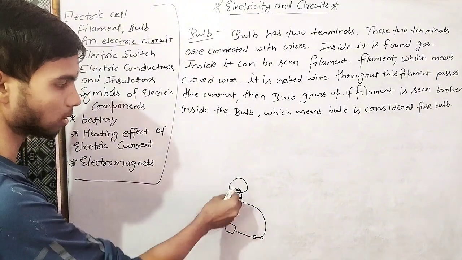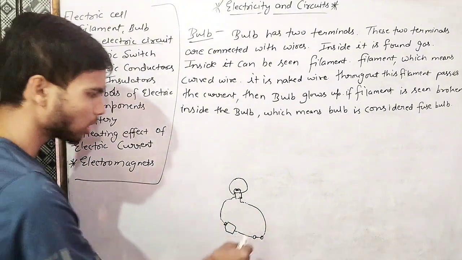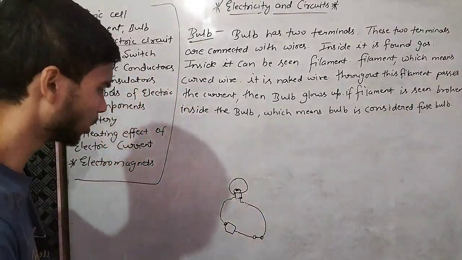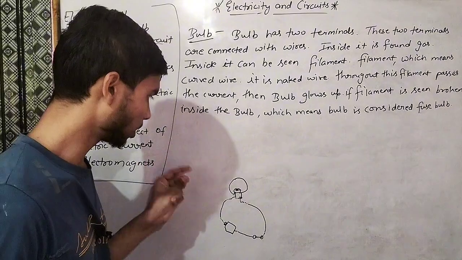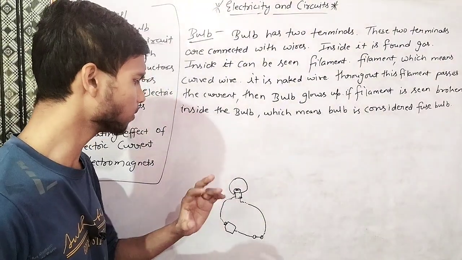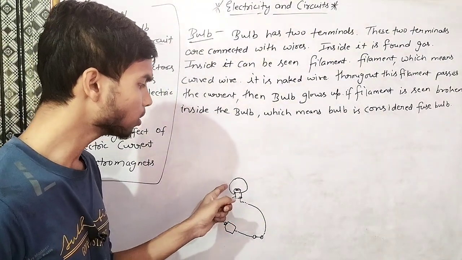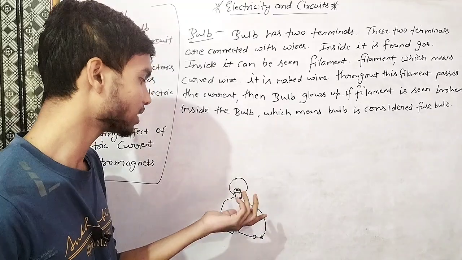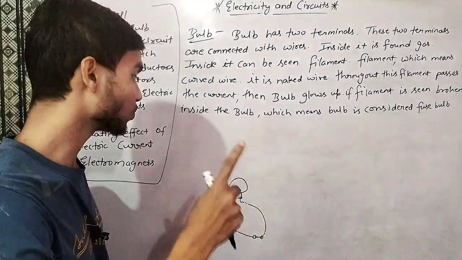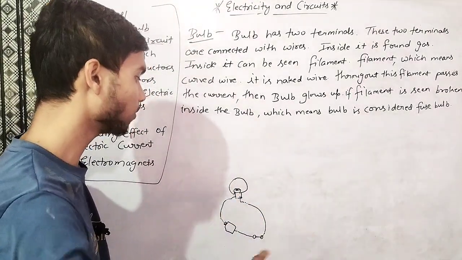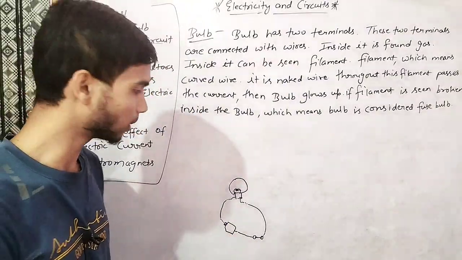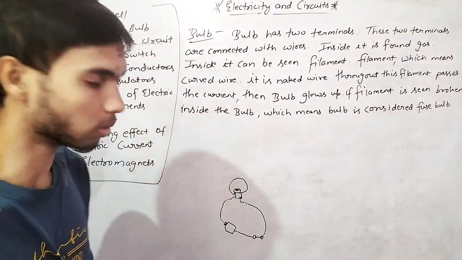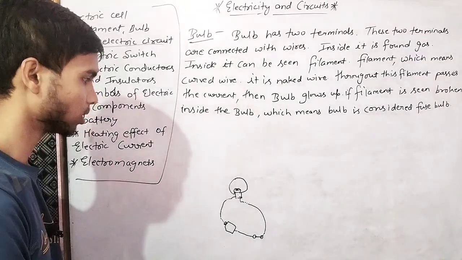If the connection of wires is well but the bulb is still not glowing because the filament is broken, or the filament is fine and still it doesn't glow, there is a broken wire or something wrong with this circuit.